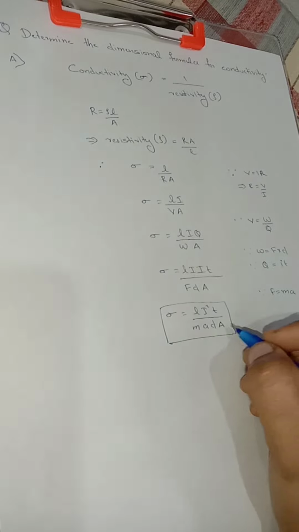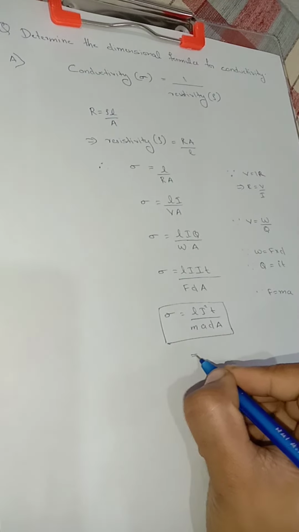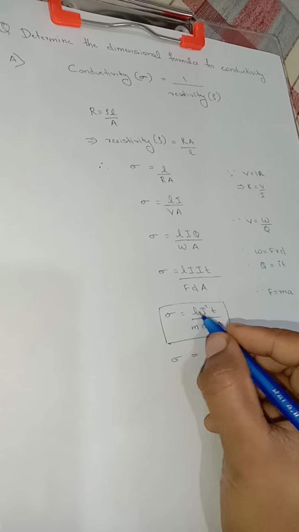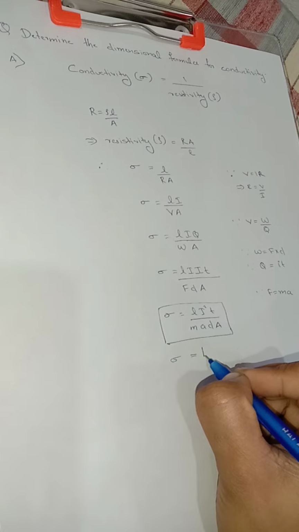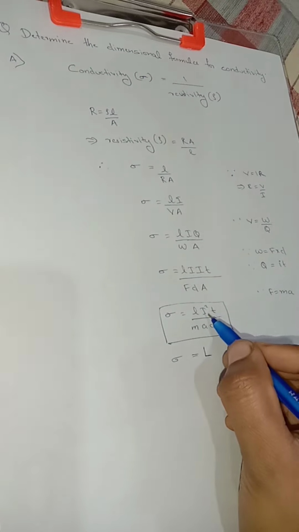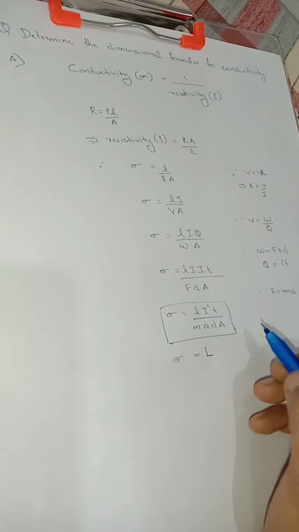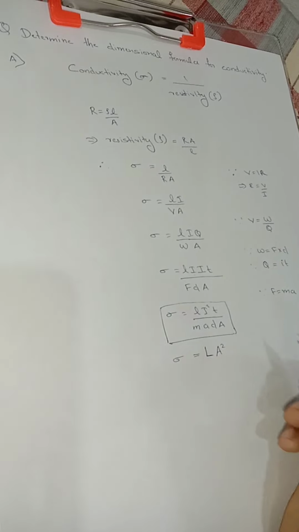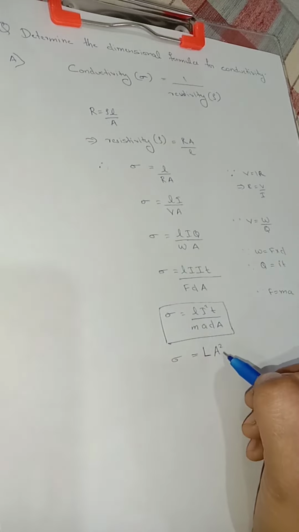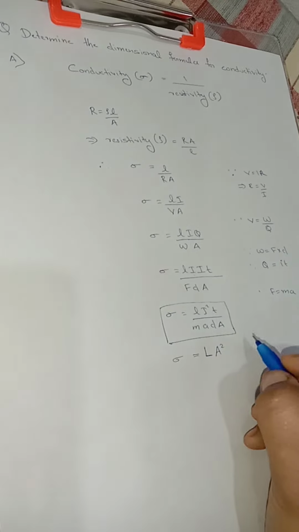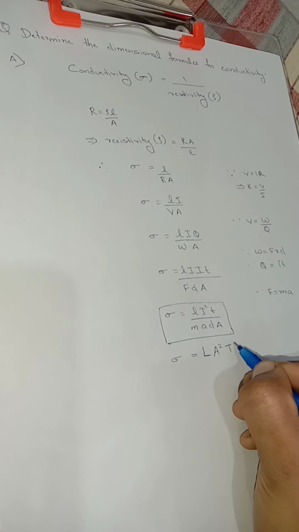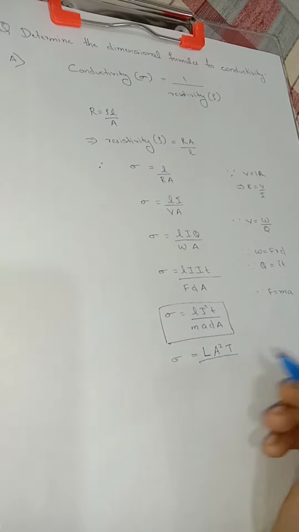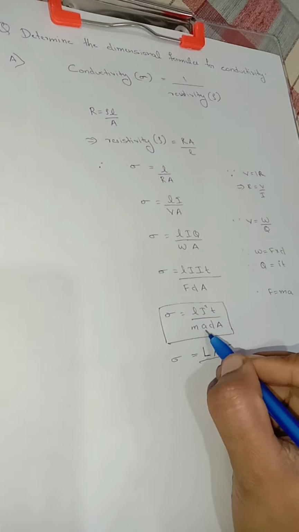For L, its unit is meter, and meter is represented in dimension as capital letter L. Then I square, which is current square; its unit is ampere, so in dimension it is A square. Now T is in seconds, and in dimension we write second as capital letter T. Then, divided by mass into acceleration.